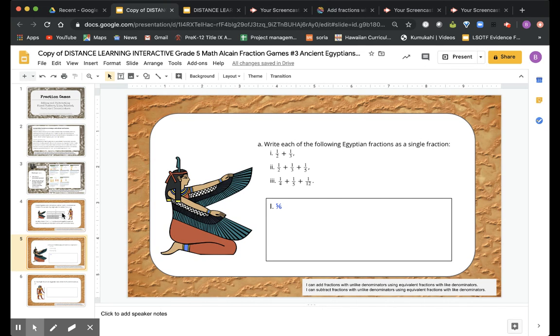Try this. Write each of the following Egyptian fractions as a single fraction. So for number 1, it was 1/2 plus 1/3. And you're going to be writing each of the following Egyptian fractions as a single fraction. So what would 1/2 plus 1/3 be?